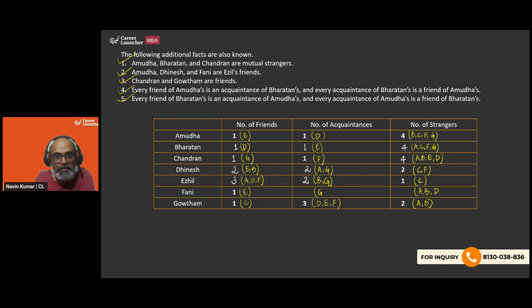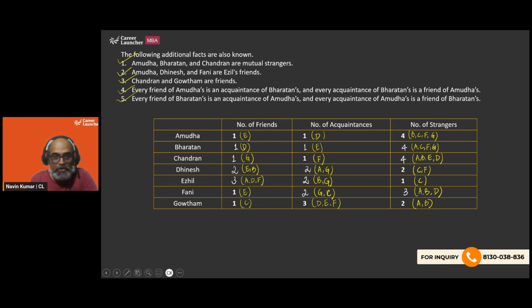So we'll put F over here. Since C and F are acquaintances, beside F, we can put C over here. Now, if we count the number of people in F's row, we see 1 plus 2, 3 plus 3, 6. So we can close this out. And that would mean F has 2 acquaintances and 3 strangers.